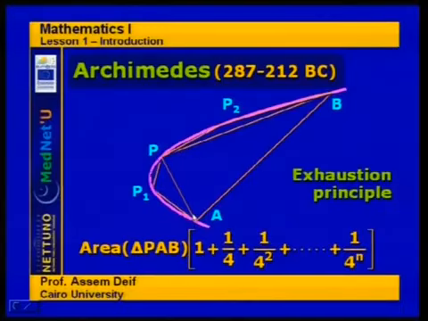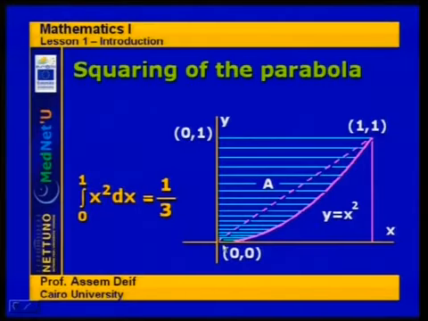So in fact, what Archimedes was able to prove is that the inside area of the parabola is exactly 4 over 3 of the area of the first triangle PAB. In fact, Archimedes applied this result in order to calculate the area under the curve y equals x squared.